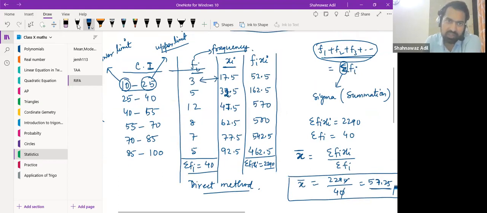You have these xi, and in the assumed mean method, what you do is you assume that this is the mean, and you call this a. Then you make another table. You please note it down first, and then we will learn about this.